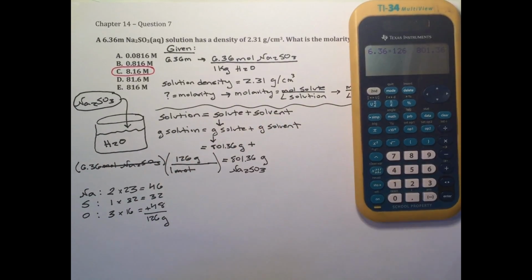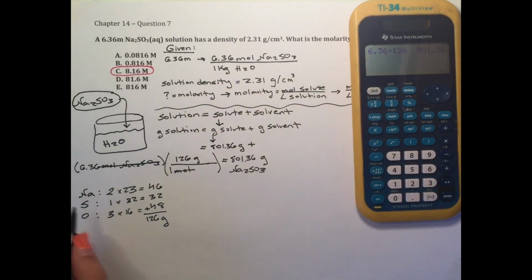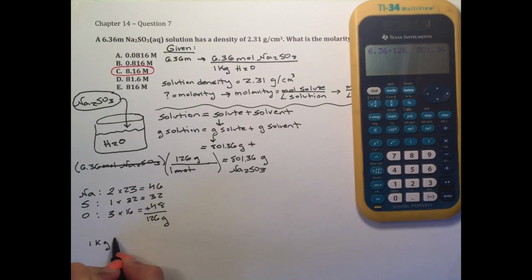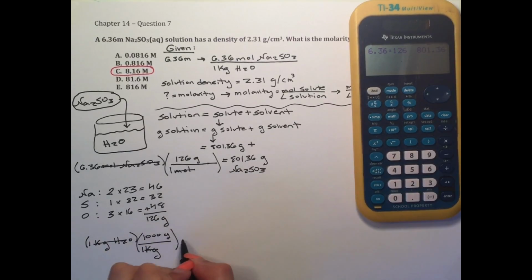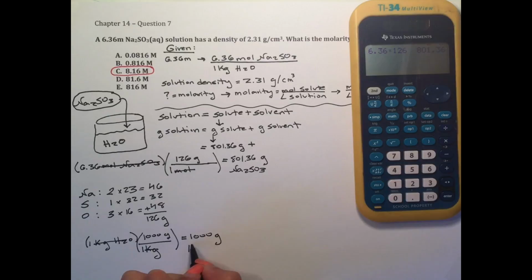All right, so let's find our grams of solvent now. We know that we have 1 kilogram of water. And in 1 kilogram, there are 1,000 grams. The units of kilograms cancel out, and we have 1 times 1,000, which is 1,000 grams of water.